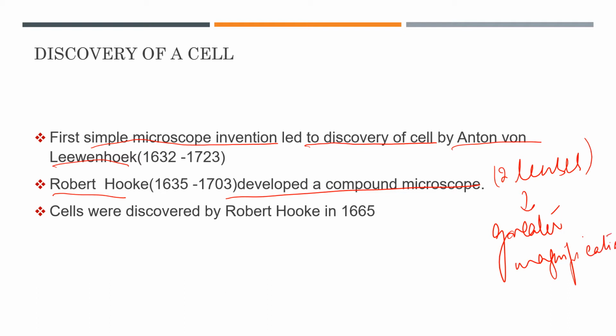Now next, when Robert Hooke discovered the compound microscope, he discovered that cells were there. It was almost at the end of 1665 when cells were discovered. He studied a thin slice of cork under this microscope.